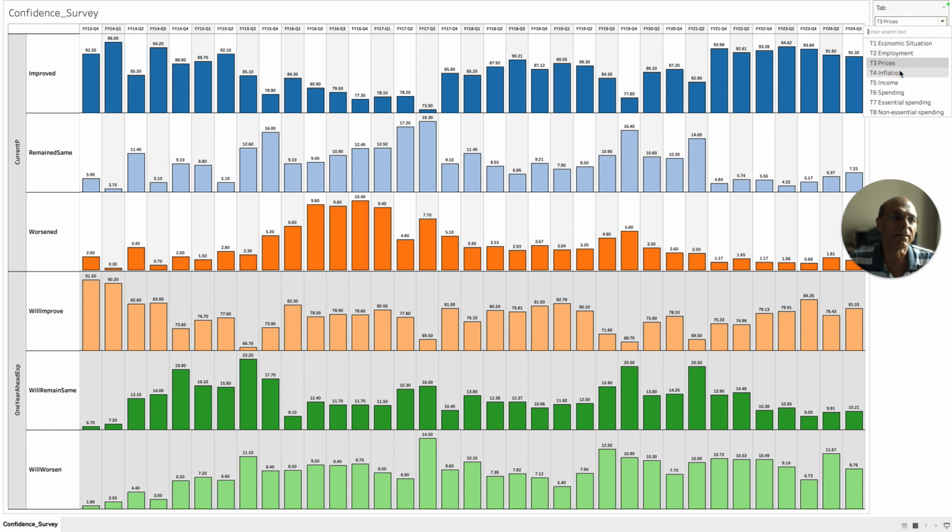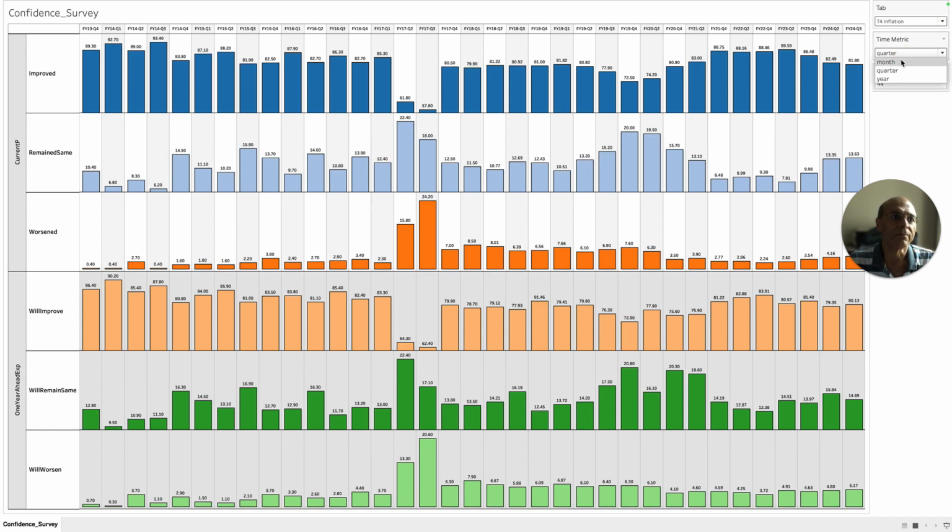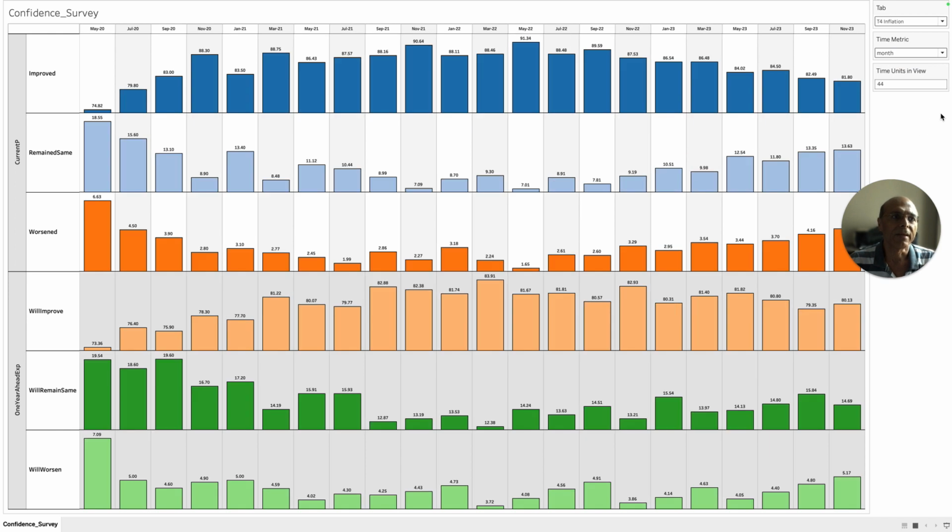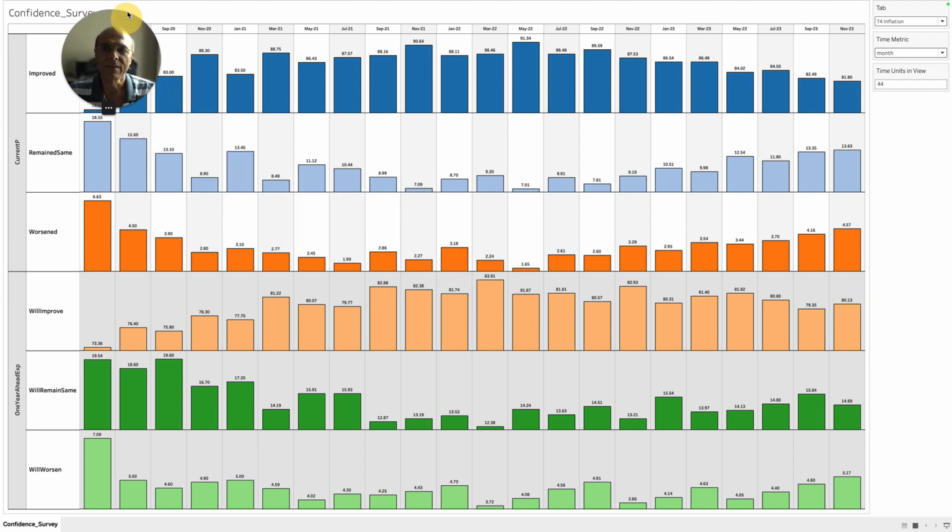Now let's look at inflation, and let's go to month first. From an inflation perspective, the larger number of respondents believe that the situation as far as inflation is concerned is going to remain the same or worsen. So it is quite contradictory. It is not contradictory, because even in the current perspective, let's look at the pricing dimension again.